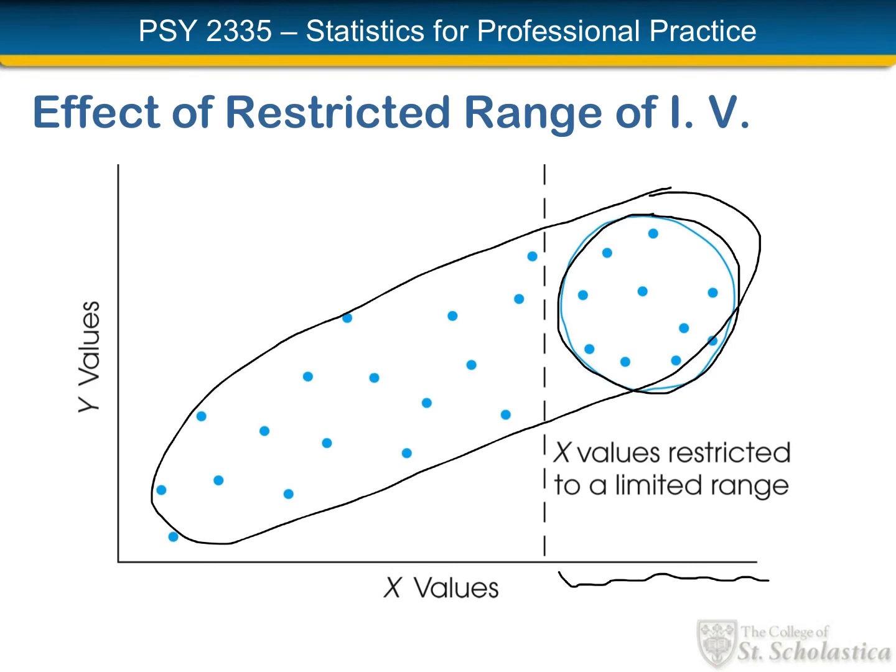I just get a ball of points. This might happen if my sample were drawn only from people who qualified for some situation. If that line in the middle were a cutoff and I was not seeing the full range of the independent variable, I might miss the actual relationship in the data because I'm only seeing a restricted range.